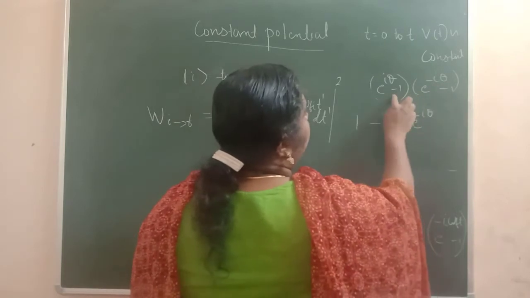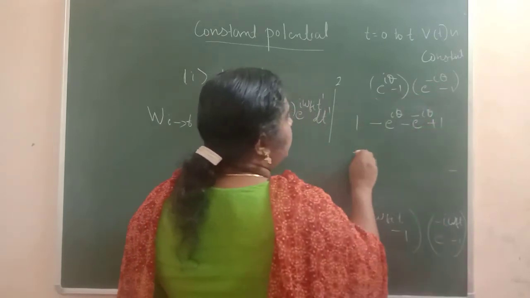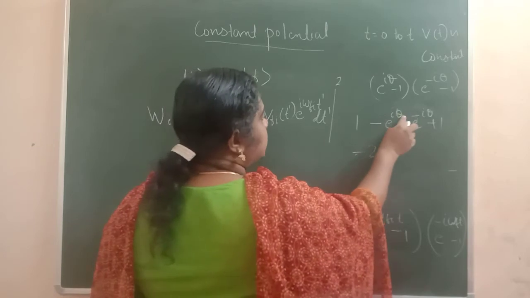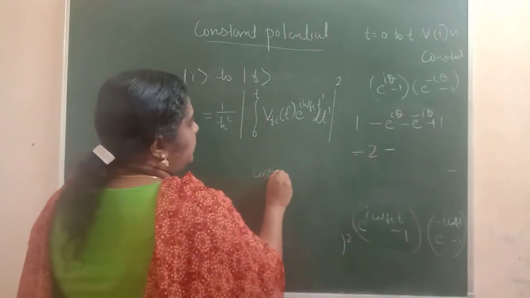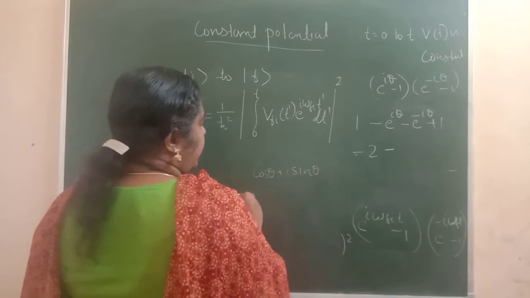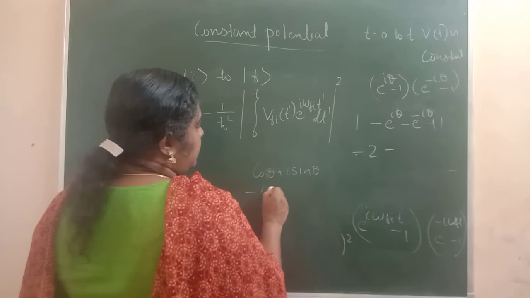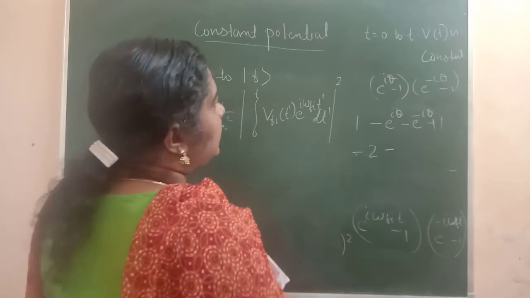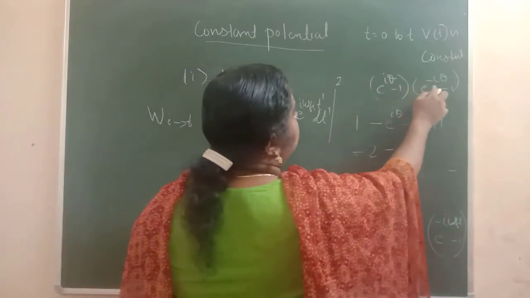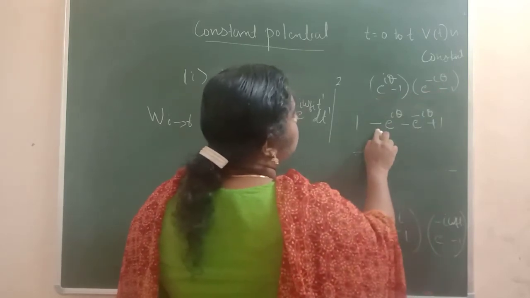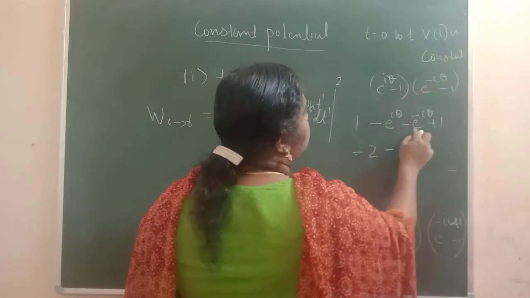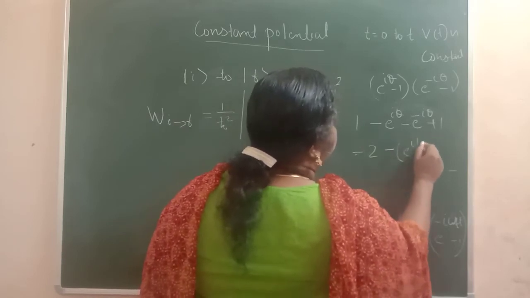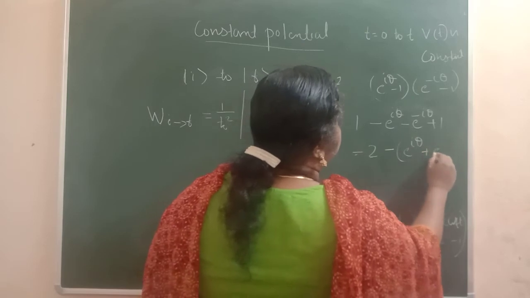Then minus 1 into minus 1 is plus 1. So 1 plus 1 is 2, minus e raised to i theta plus e raised to minus i theta.